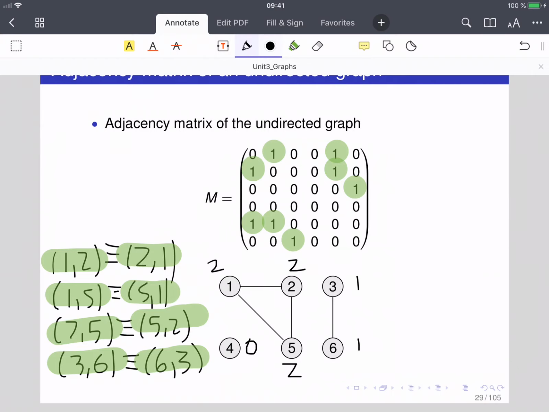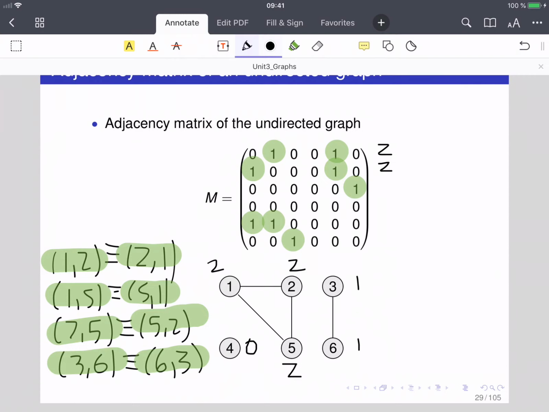Because for instance in row 1 we have the number of edges that come out of 1. Okay, so here if we compute the sum of the first row, we obtain 2, which is the degree of 1. In the second row we obtain as the sum again 2, which is the degree of 2.